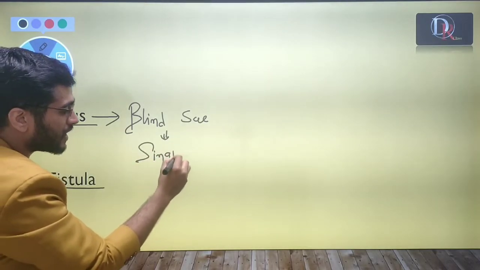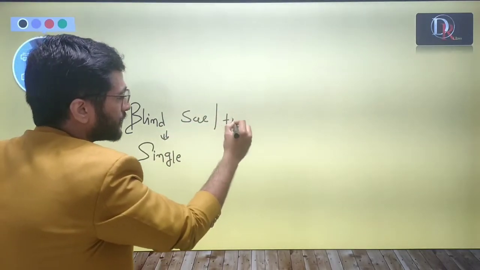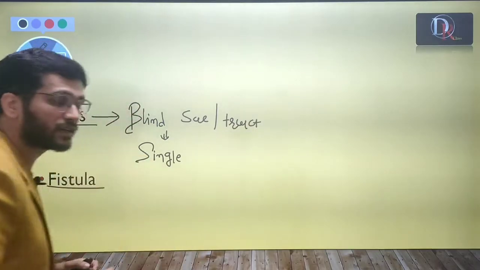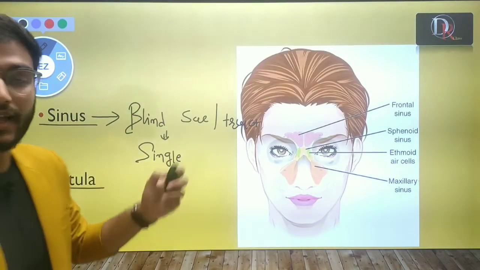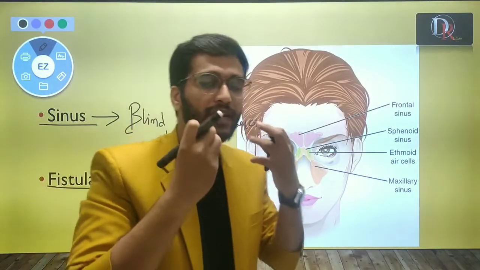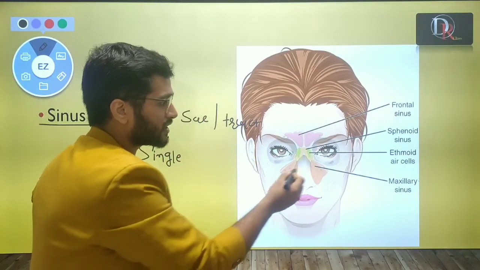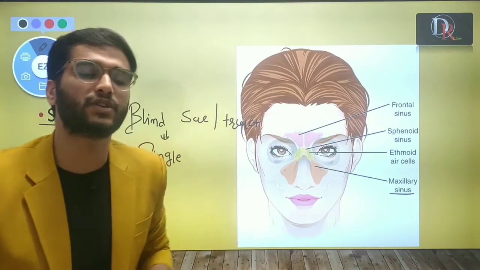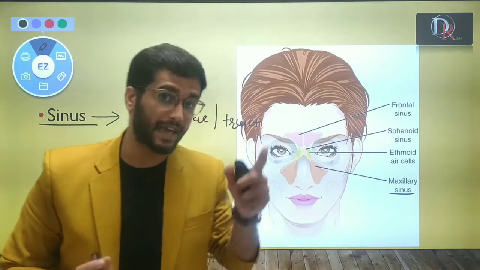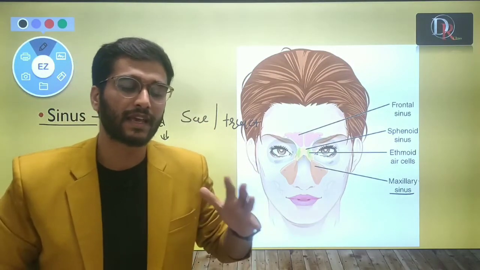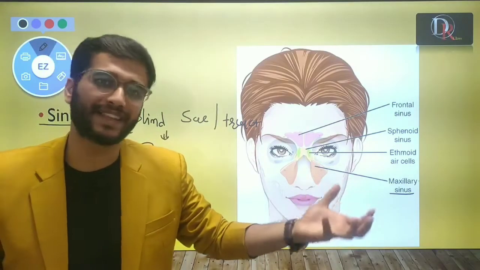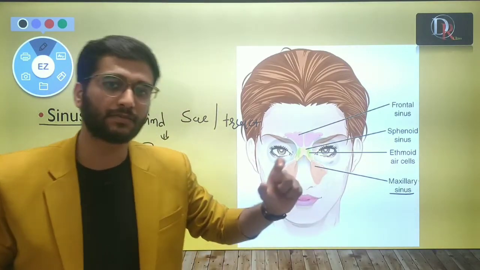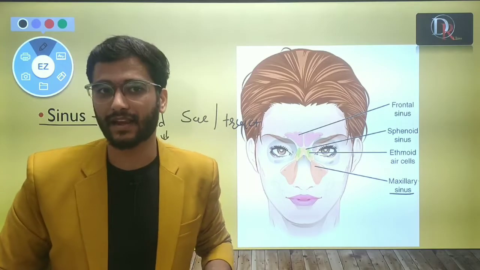We can find a sinus in the maxillary region and the zygomatic region. The inflammation of a sinus is known as sinusitis, as we learned that inflammation is referred to by the suffix itis. So sinusitis means inflammation of the sinus.